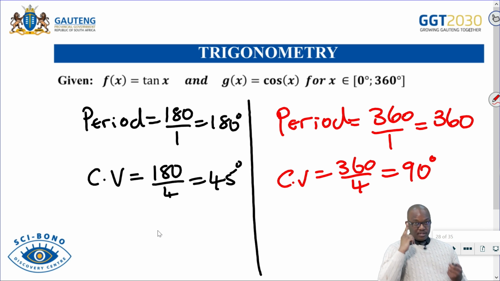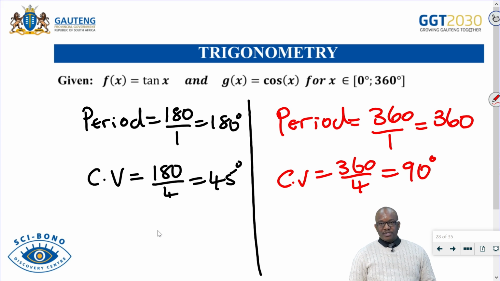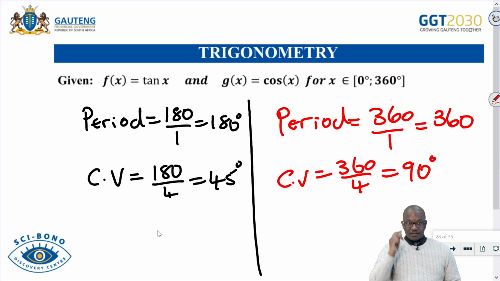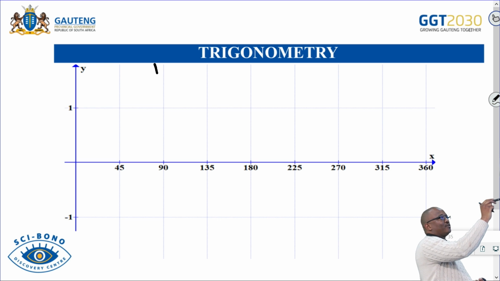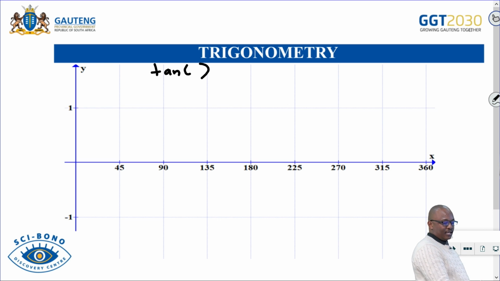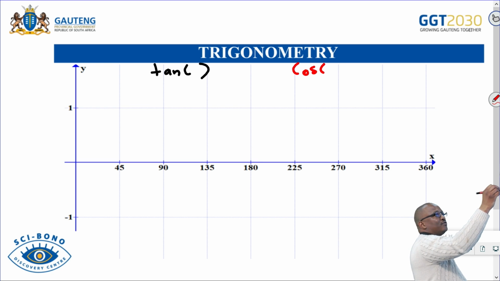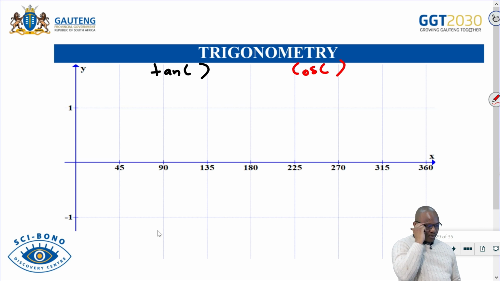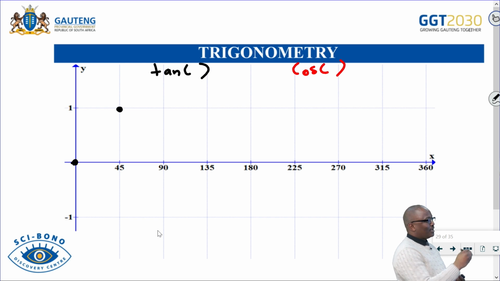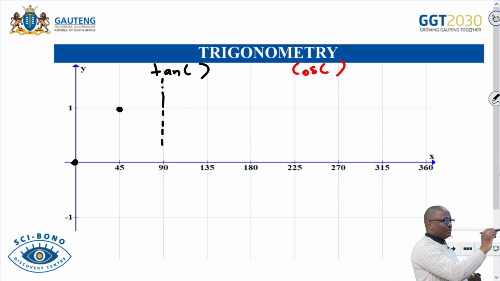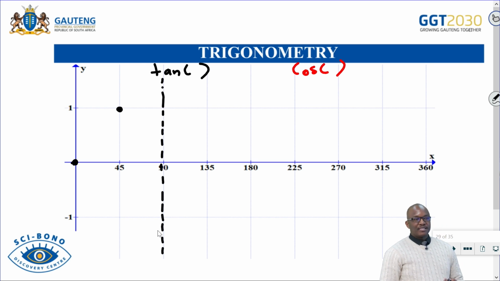So that is the interval for tan and the interval for cos. And you go in your calculator. For tan, you're just going to have your tan x, and for cos, you will just have your cos of x. Now, when you sketch the graph of tan, you are going to see tan 0 gives 0, tan 45 gives 1, tan 90 will be a maths error.